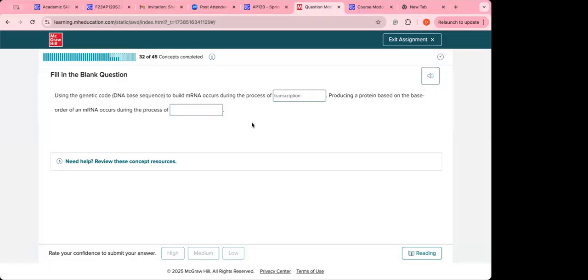Okay, so producing a protein from an mRNA occurs during translation.